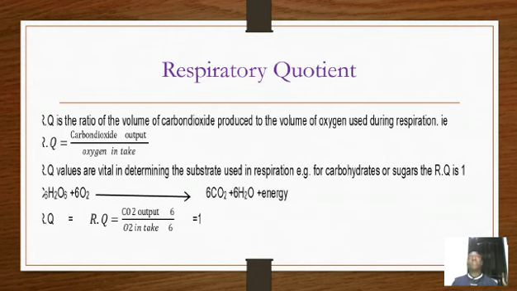This means that oxygen may or may not be used. But at the same time, among the products, we saw that carbon dioxide is given off as one of the products of respiration.